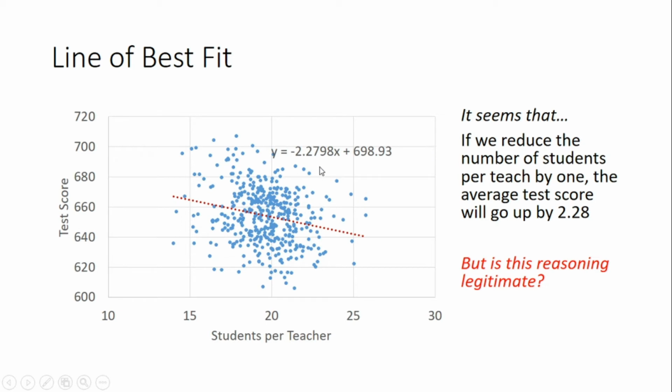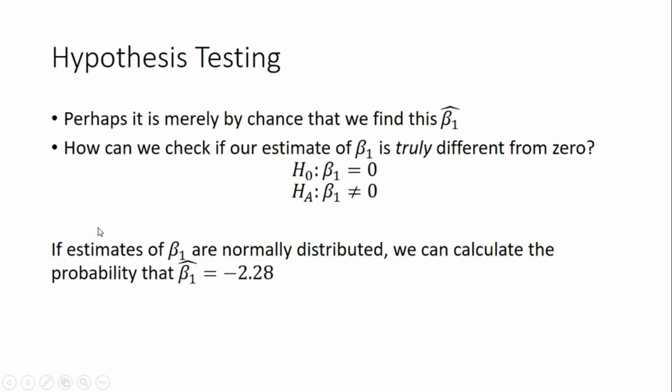So we need a way of comparing the value that we found to 0, to no effect, and seeing how likely it is that we find an effect of this size before we can conclude on whether or not we can expect this variable to cause that variable.